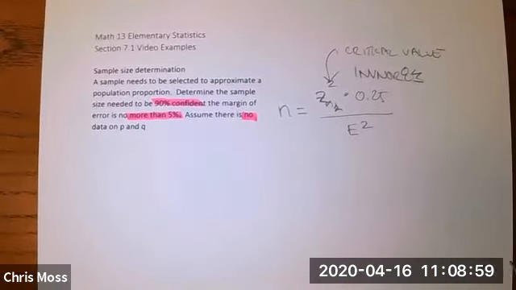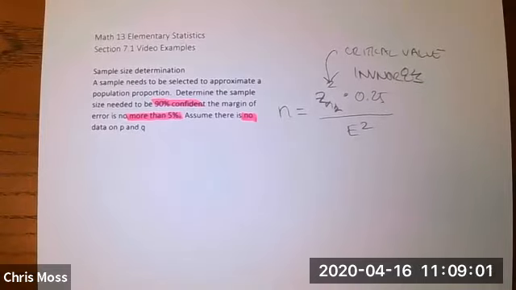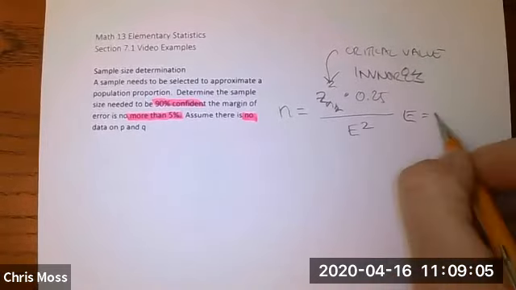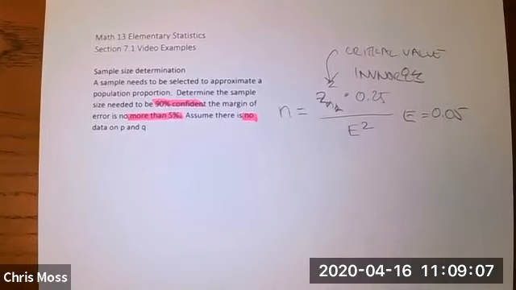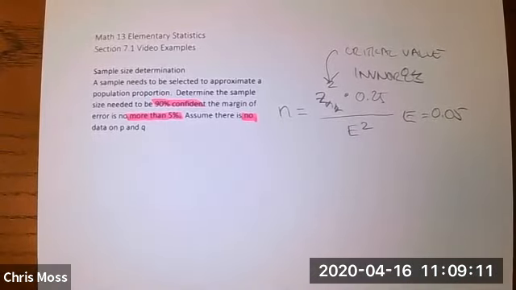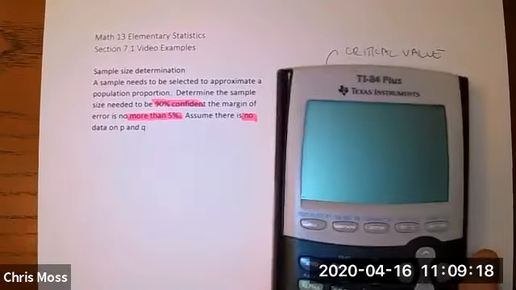So once I do that, I'm going to plug that value in. I'll note that E is 0.05. That's the margin of error. So the important thing to do is to find that value for the critical value Z alpha over 2.